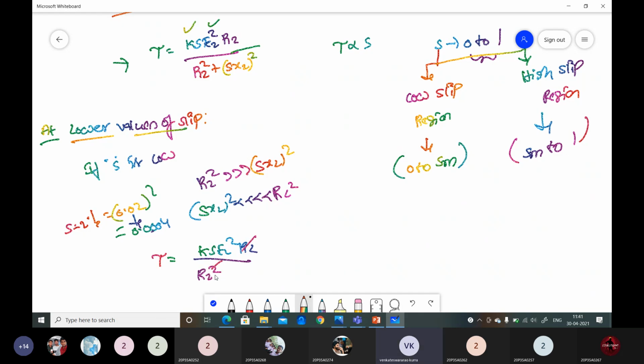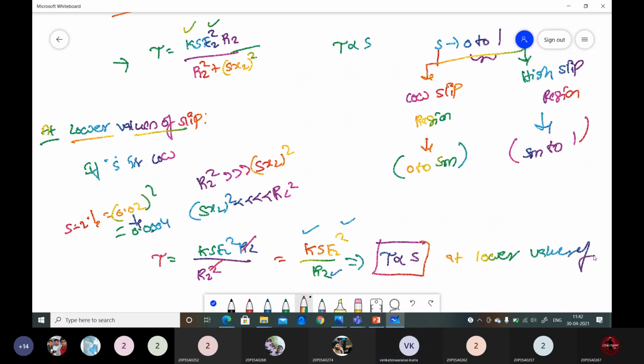This R2 and this square cancel, so the remaining equation is K S E2 square by R2. In this equation, these three terms are constant. So torque is directly proportional to slip at lower values of slip.